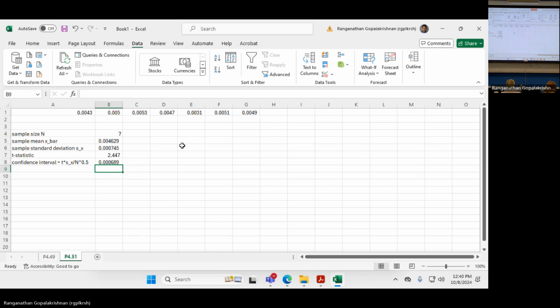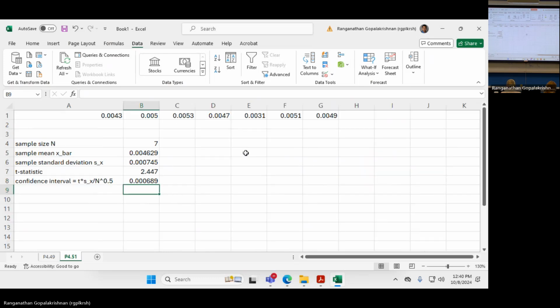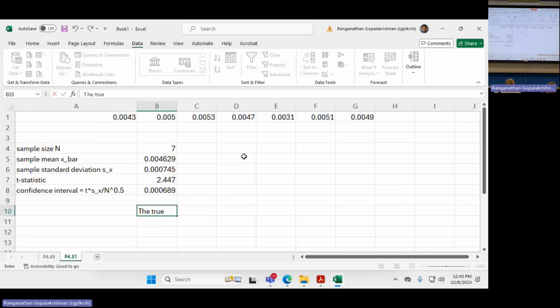So this is like writing the true value of the quantity is 4.63, if I do 3 significant figures, times 10 to the power minus 3, plus or minus 0.0689 times 10 to the power minus 3. 06 or 006? 06.